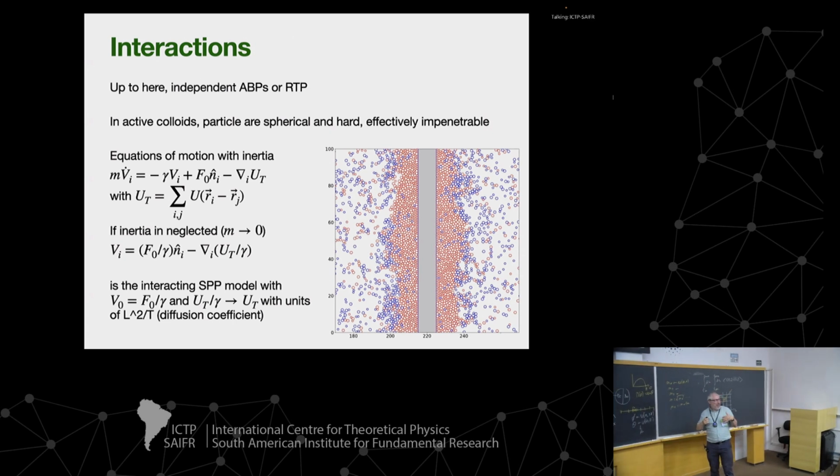active matter for me is a branch of statistical mechanics. I know that active matter for other people is a branch of biophysics, or elasticity theory, or hydrodynamics. For me, it's statistical mechanics, my background. So I use the concept of universality classes.